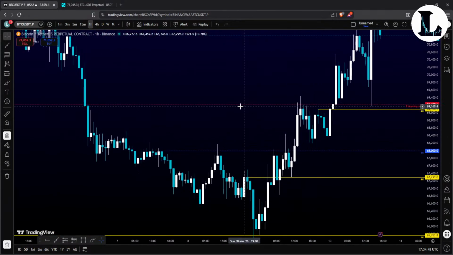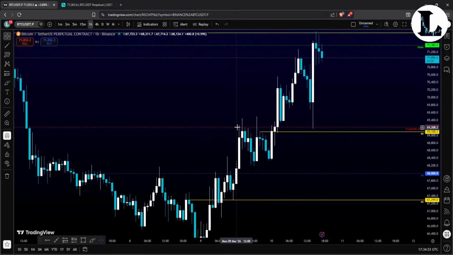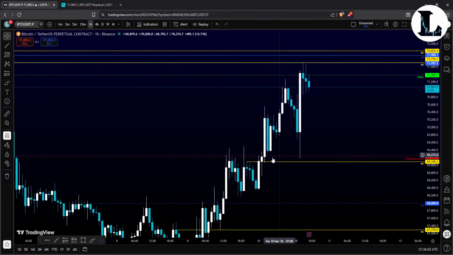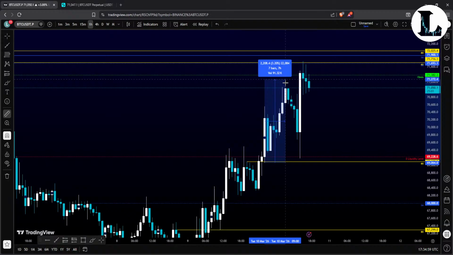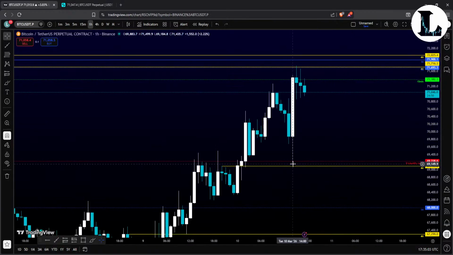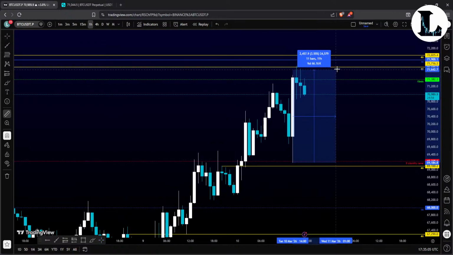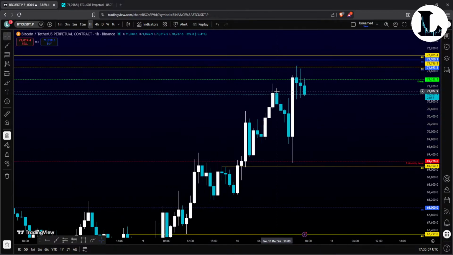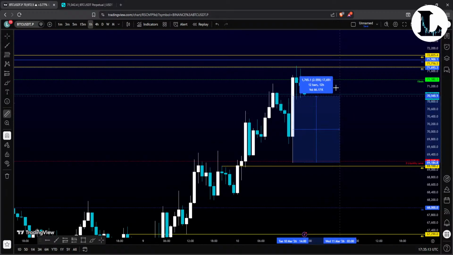It's just not because of this level, it's because of other levels. But look at the reaction on this level. Price breaks up, goes higher, 3.2%, comes down. Look at this, it was a really perfect test. I did not take this trade because I was on a short from here. I got some profits there. I did not take the short.